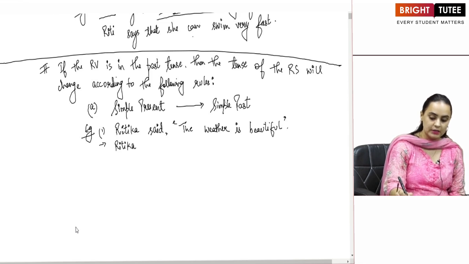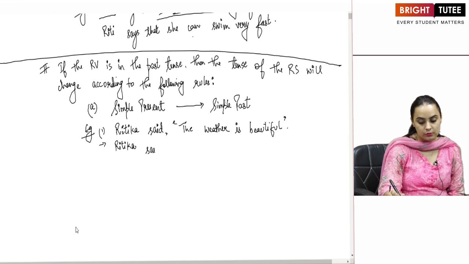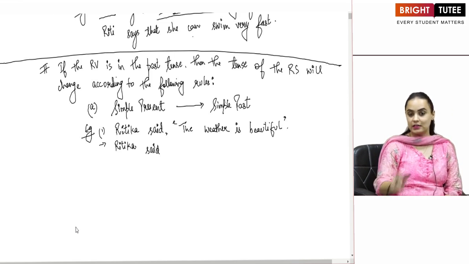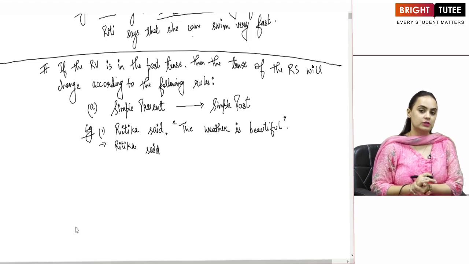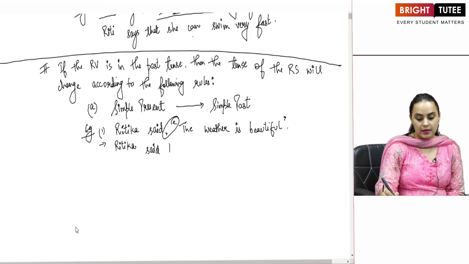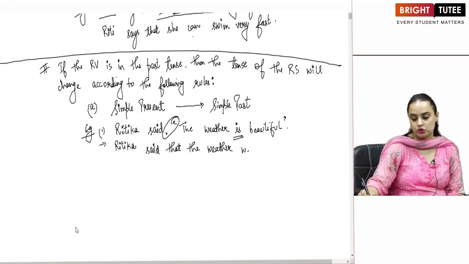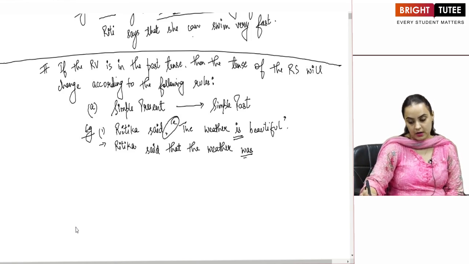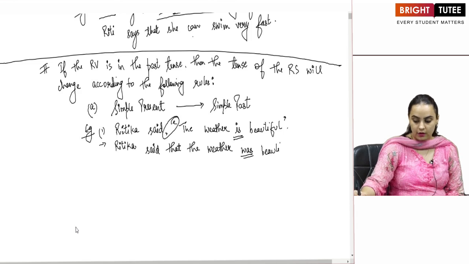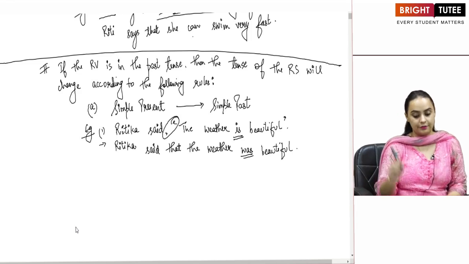So, Ritika remains Ritika. Said, which is my reporting verb, it also remains the same since there is no listener in the sentence. Whom was Ritika talking to? We do not know. So, Ritika said that the weather is, which is simple present, changes to was, which is simple past, that the weather was beautiful. Full stop.